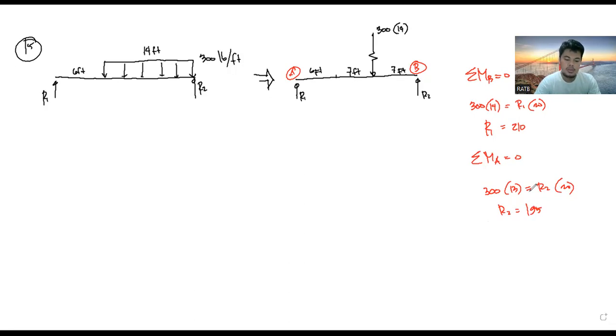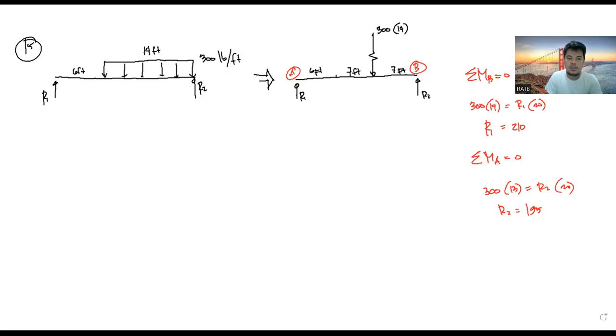Sorry, 300 times 14 is the equivalent force, so it should be multiplied with the distance.